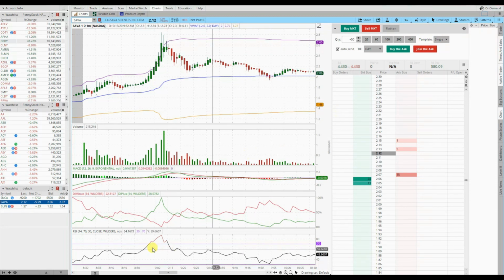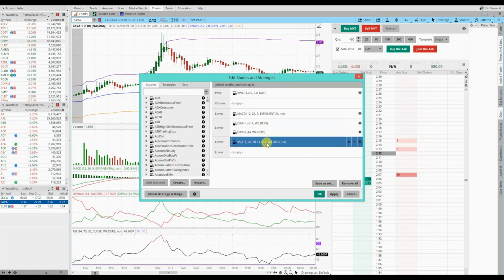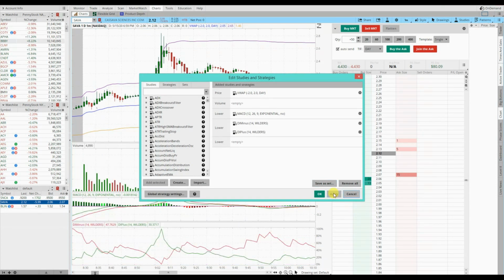So let's take that off. RSI, adios. Studies, edit studies. RSI, you click the X here and apply. All right, let's go back.